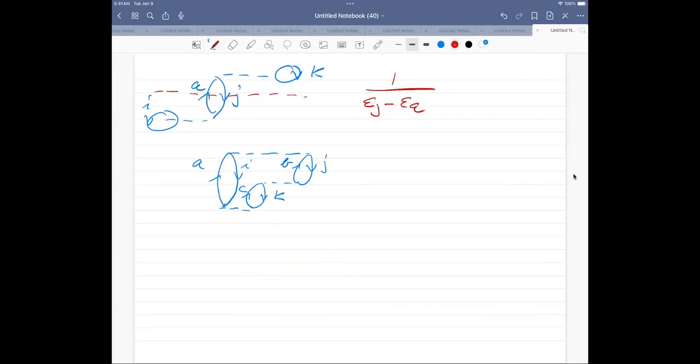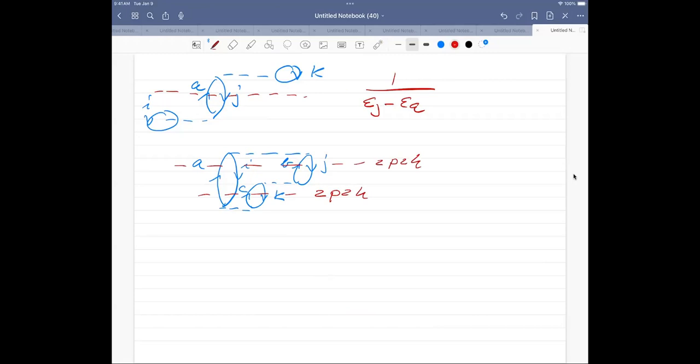It's a state where we first create a two-particle, two-hole excitation. But then one of the one-particle, one-hole pairs gets de-excited, and then we create a new one-particle, one-hole state. We still have an intermediate state here, which is a two-particle, two-hole state.